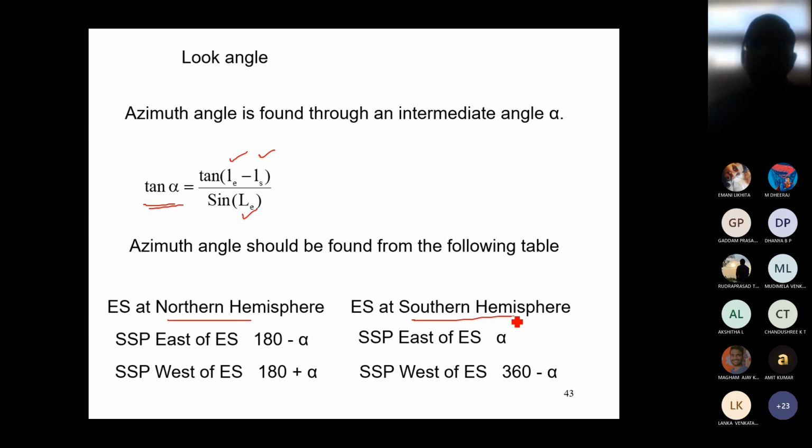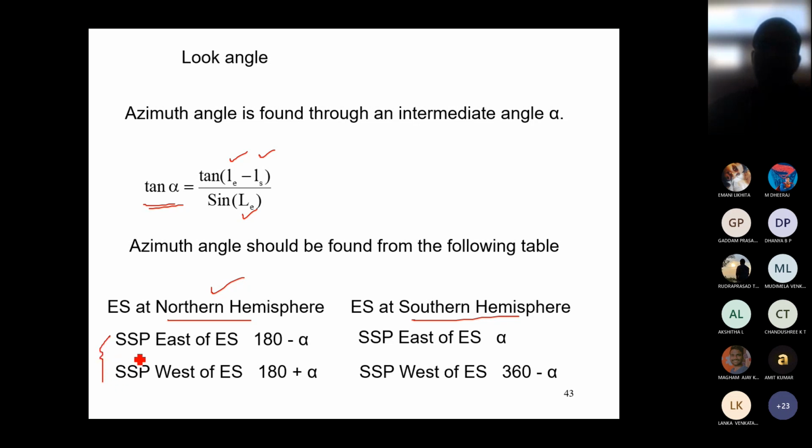If the latitude of the Earth station is given as some angle north, it is in the northern hemisphere, and if the latitude is given as some angle south, it is in the southern hemisphere. For the northern hemisphere, once you verify the first condition, you have to check for another two conditions.